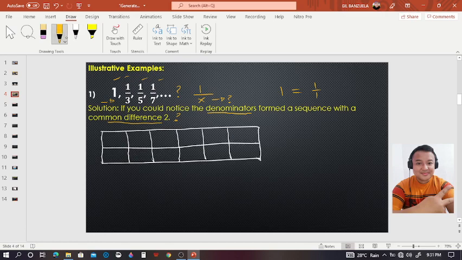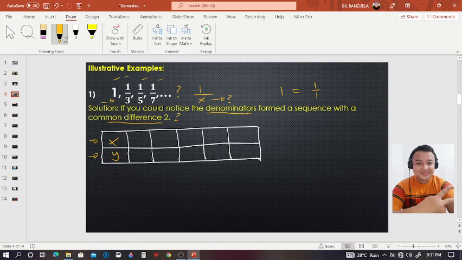Alright, so again, the table of values consists of two sets of values, set of x and set of y. We all know that the set of x are the replacement sets and the set of y are the dependent values. So bakit siya sinabing dependent values? Because the value of y depends on the values of x, after we substitute the value of x to the rule or to the formula that we can get out of this sequence.